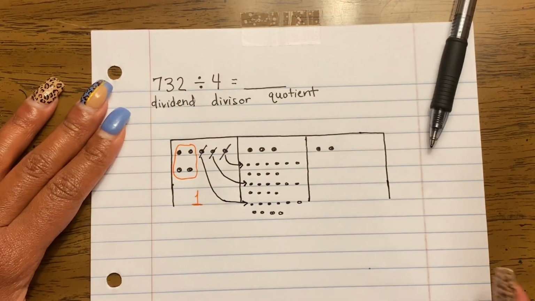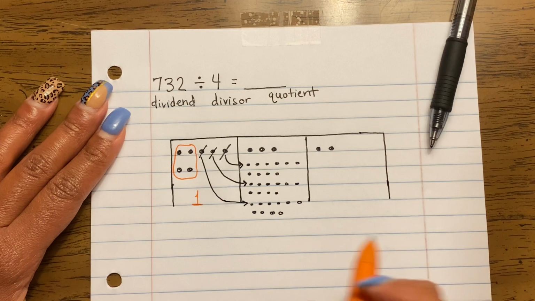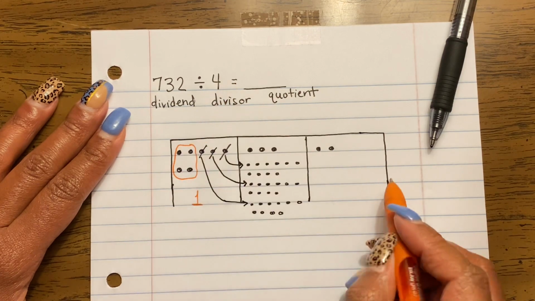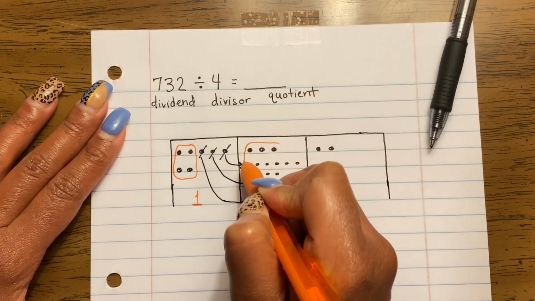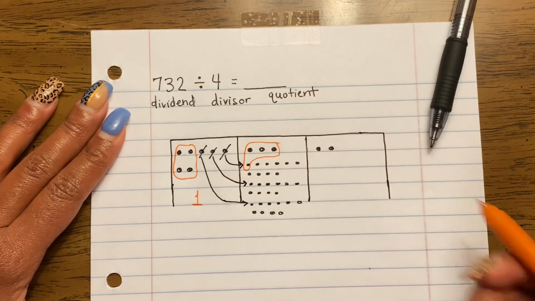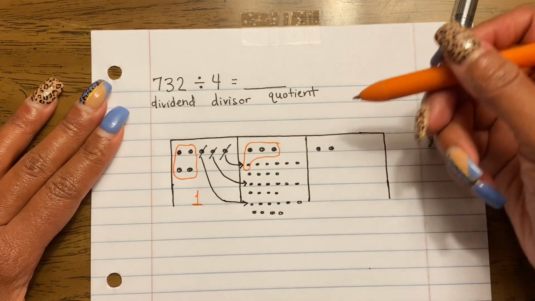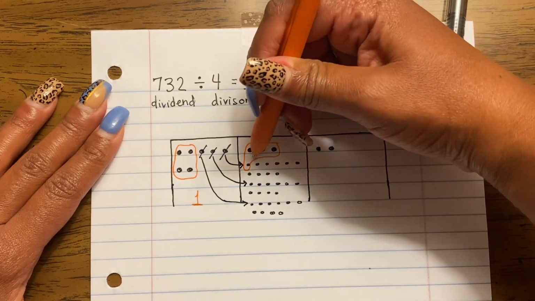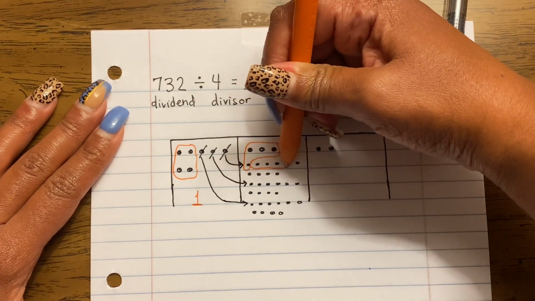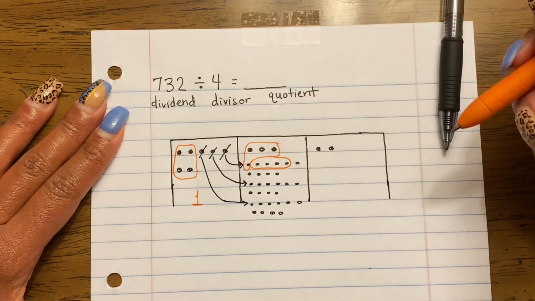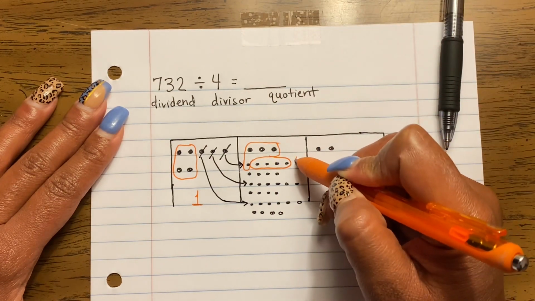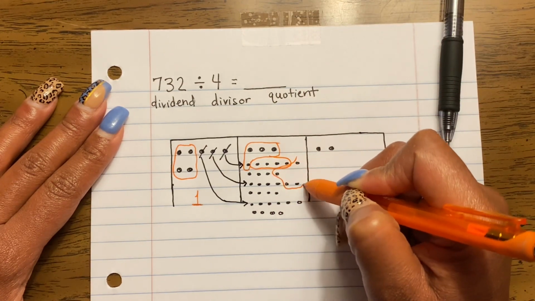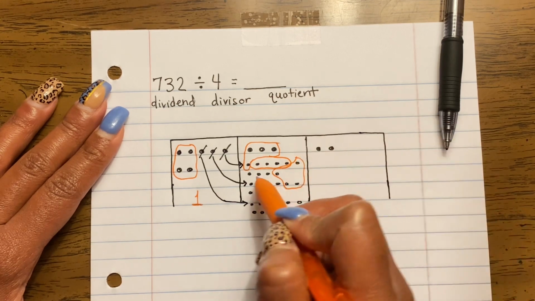Now, in my tens place, I will circle groups of 4 once again. So we have here a group of 4, and forgive me if my hand ends up being in the way. There's a group of 4. Group of 4.